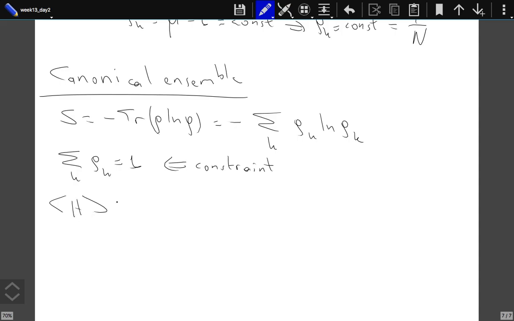Let's say the average of H, which can be written as sum over k of rho k E k, should be equal to, let's call it U. This is the additional constraint we have. Not just one, but two constraints. In the canonical ensemble, we do let the energy fluctuate. It doesn't have a fixed value, but we ask its average to be constant.